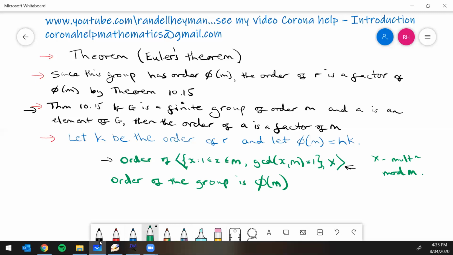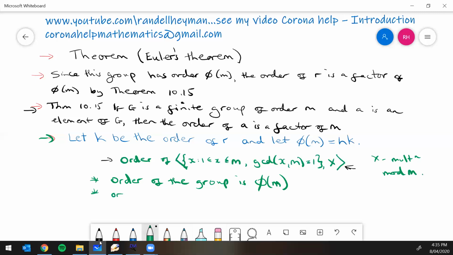And we know, so what they're saying up here is let K be the order of R. Remember the order of the element, we discussed that in the last video. We're using order to mean something different here. So K, oh, actually, let's write it this way to make it consistent with what I just wrote. So we've got this point here, and we've got the next point.